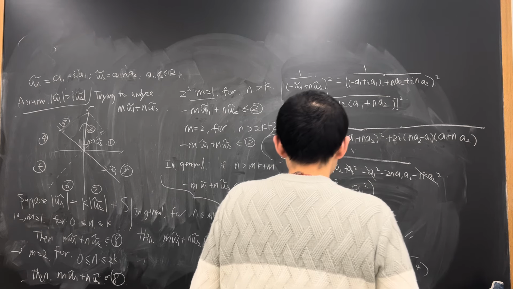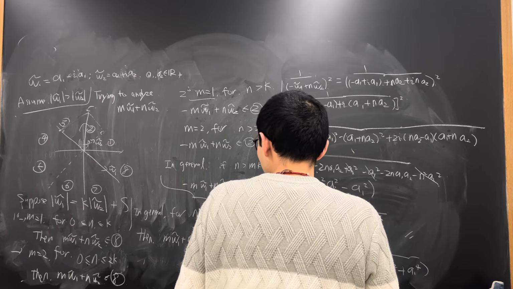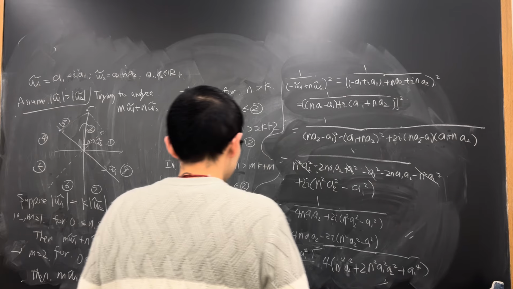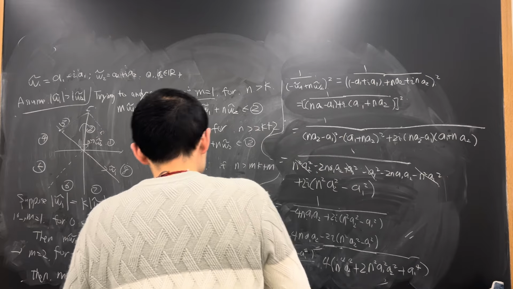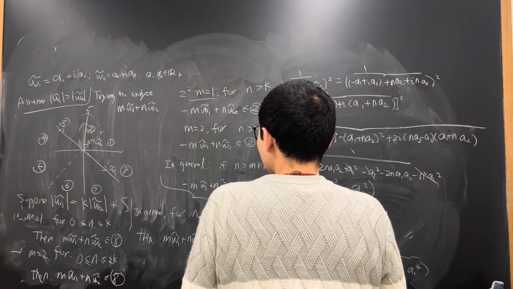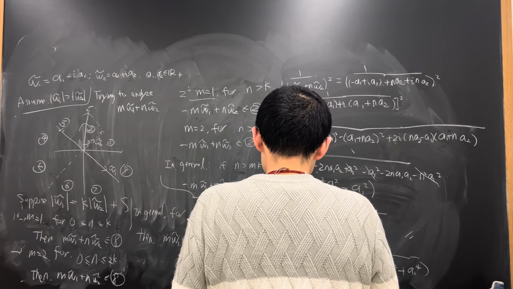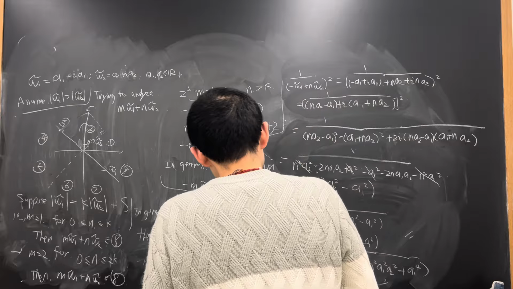Remember that we are summing over this n from k plus 1 to infinity, right?